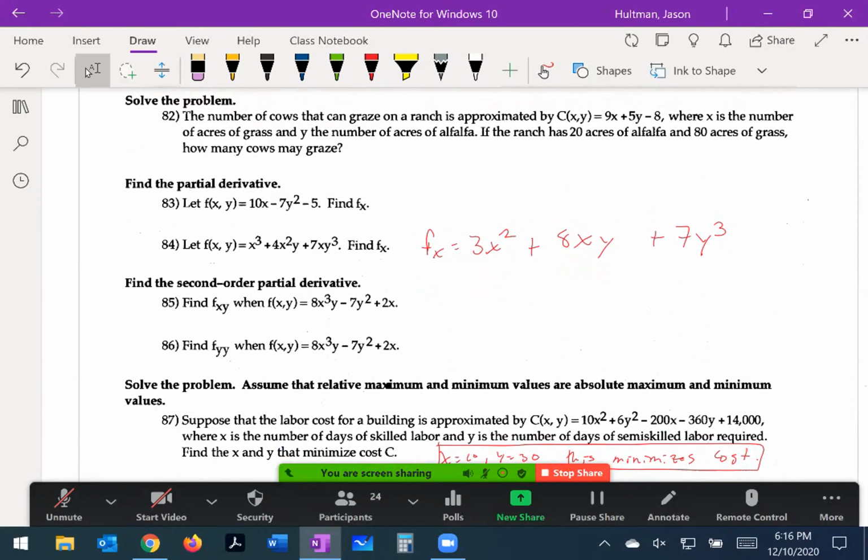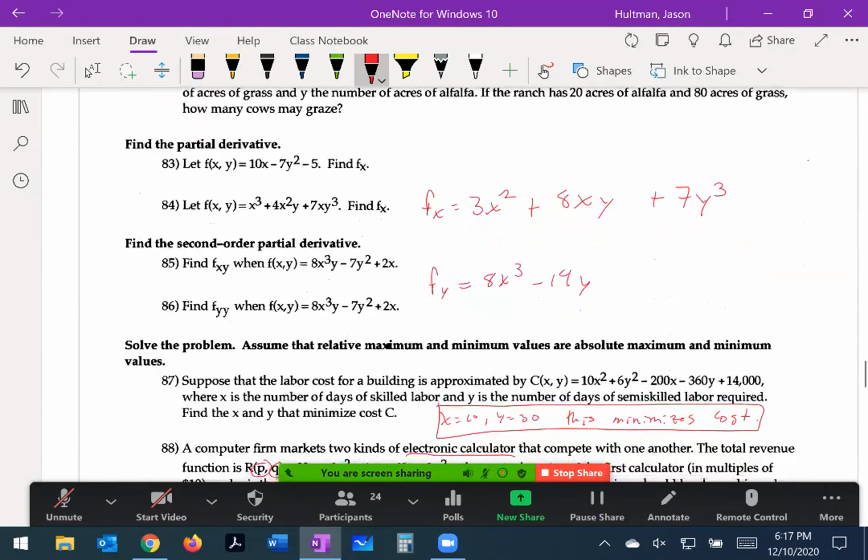Okay, find 86, find f sub y of this function. So first we take the derivative with respect to y, f sub y. That's going to be 8x cubed, because that's just the constant in front of y, minus 14y, and then the 2x is nothing, so that just stays there.